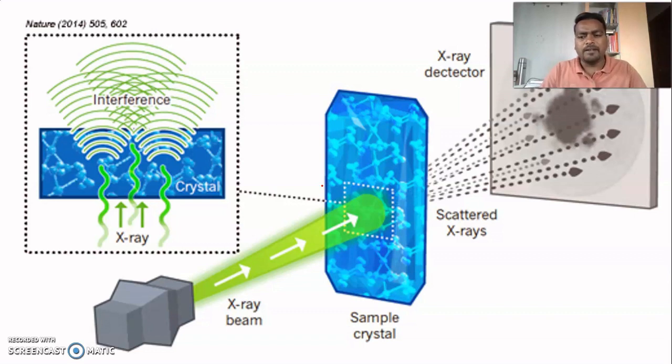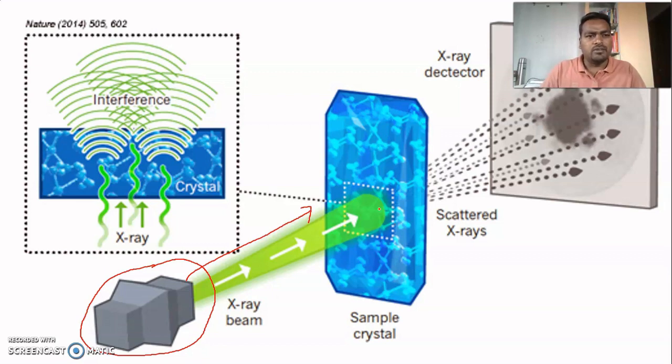So this is the experimental arrangement of X-ray crystallography. This is the X-ray beam, which is passed through the crystal. Due to the different planes oriented in different directions, we get different angles.